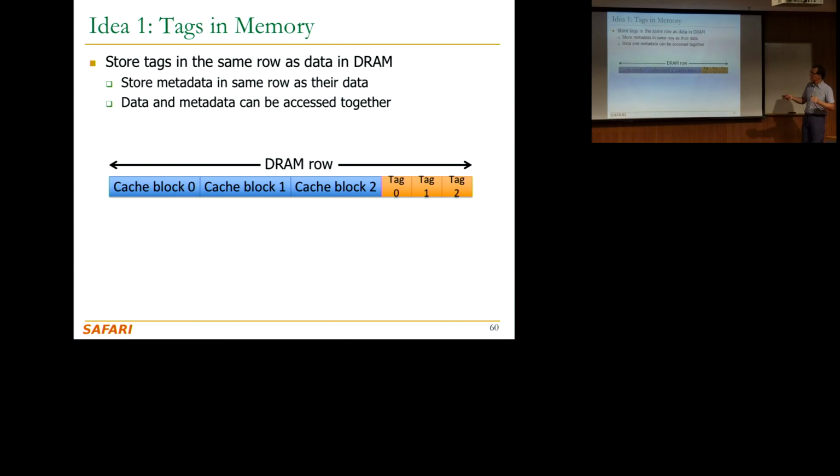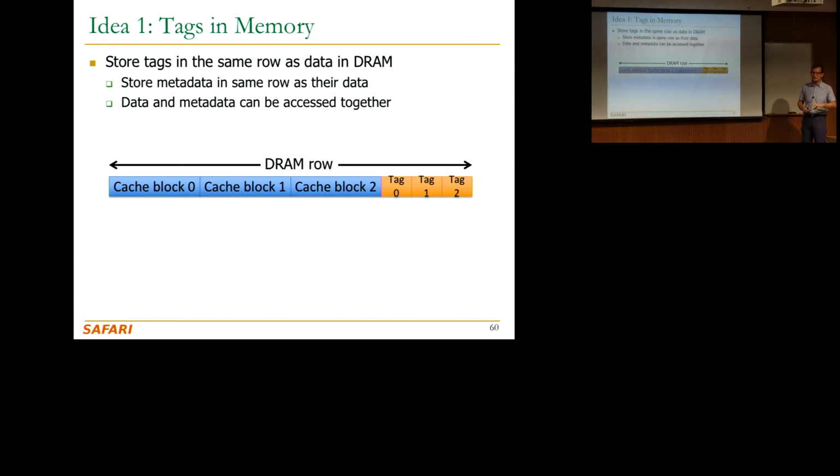So there are several ideas that I'm going to go over. One idea is you store the tags in the same row as data in DRAM. Basically, the DRAM itself is not only a data store, but also a tag store. And in this work, we said that you should store them together, the tags and data in the same row.